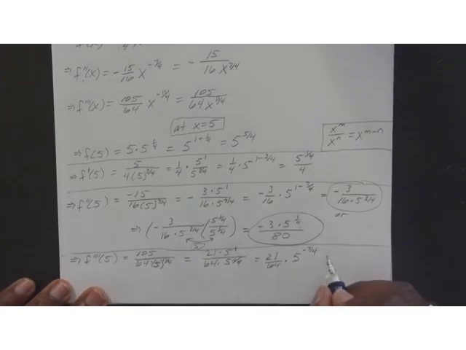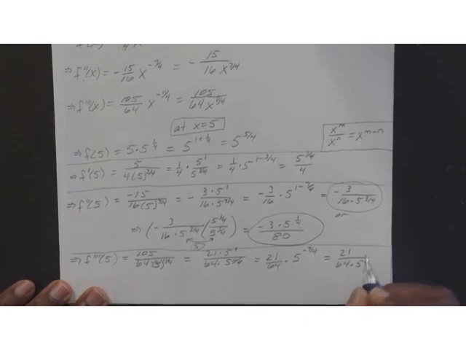So we could rewrite that as 21 divided by 64 times 5 to the 7/4 power.